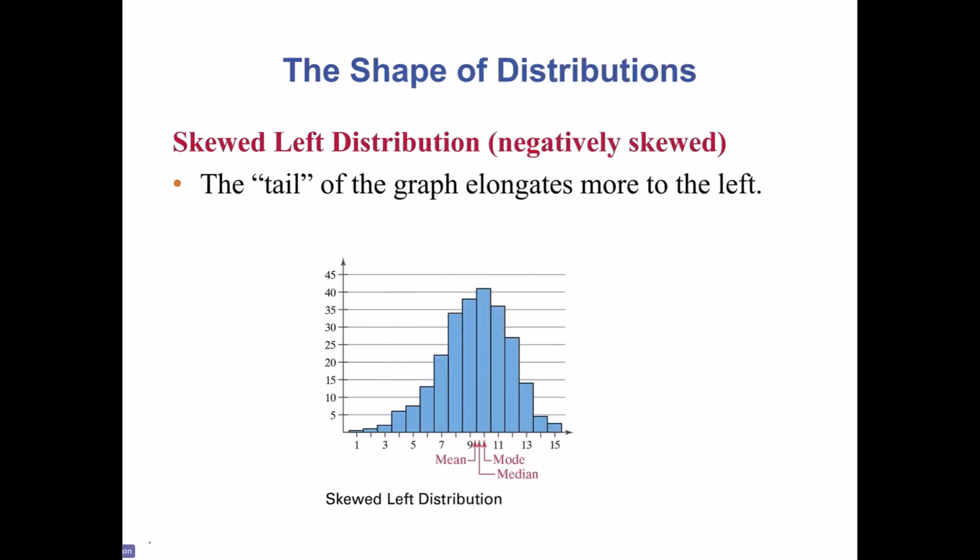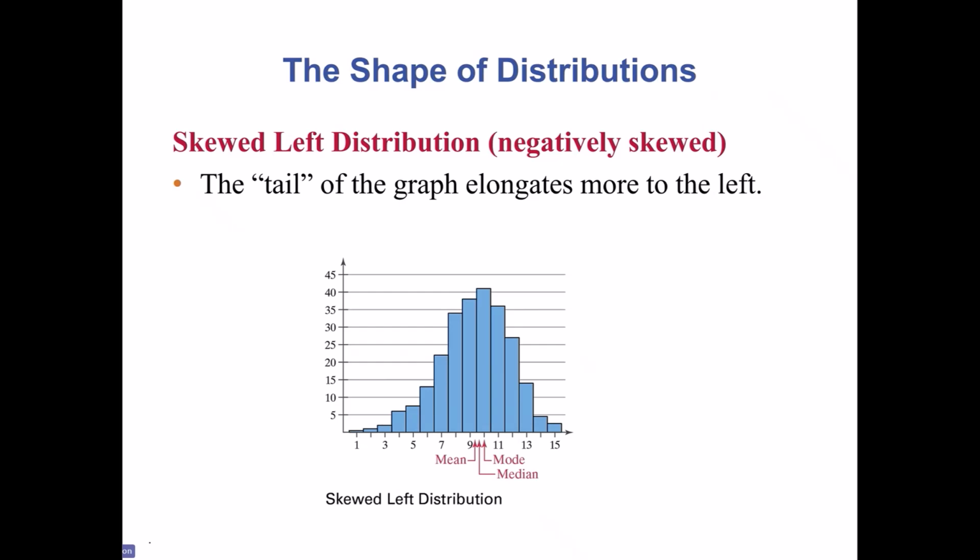All right, the third type of distribution, and really third and fourth, are skewed distributions. So we have a skewed left distribution or a negatively skewed distribution. Going back to yesterday with the outliers and that sumo wrestler, that's where our sumo wrestler is pulling to one side or the other. Whichever side your sumo wrestler is standing on, that's the direction of the skew. So in this case, the skew is on the left-hand side.